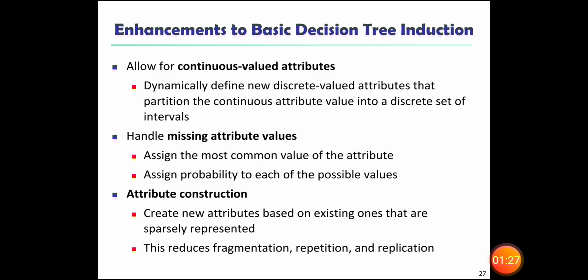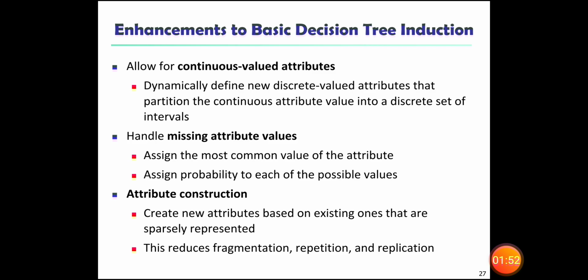The second one is missing attribute values. The decision tree induction algorithm will also handle missing attribute values. There it will assign the most common value of the attribute. It will also assign a probability to each of the possible values.